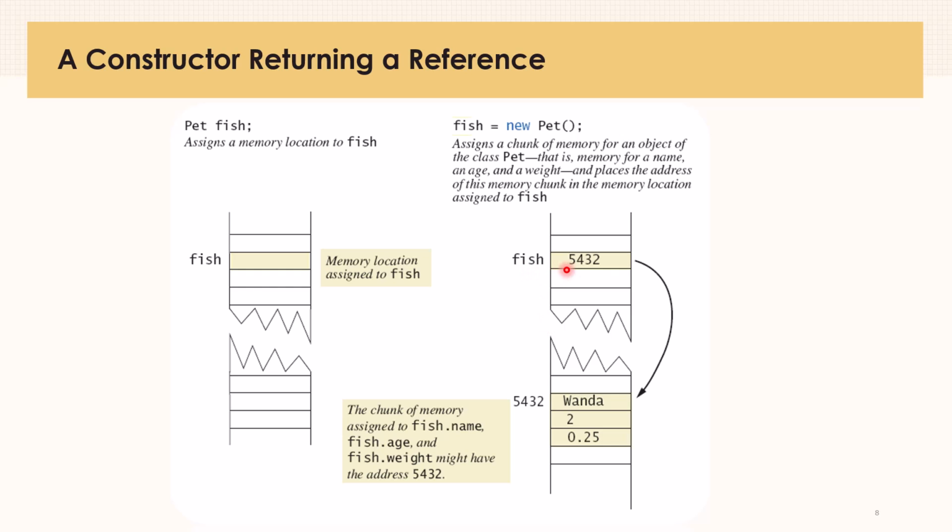So what will fish hold? It will hold the address of the place of the contents of the object. So if the contents of the object are placed at address 5432, fish will hold the address of this object, which is 5432. So this is why we call fish a reference. It's a variable in the memory, but its contents will be a location of the object. This is why we call it a reference.